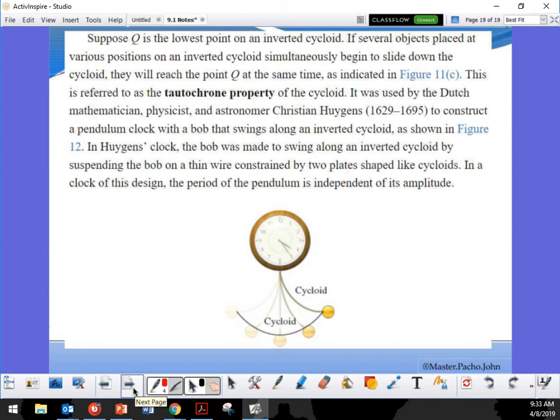I thought pendulums were solid, not on a string. Oh, yeah, that's like a pendulum. It's an artist's depiction. To construct a pendulum ball that swings along an inverted cycloid.